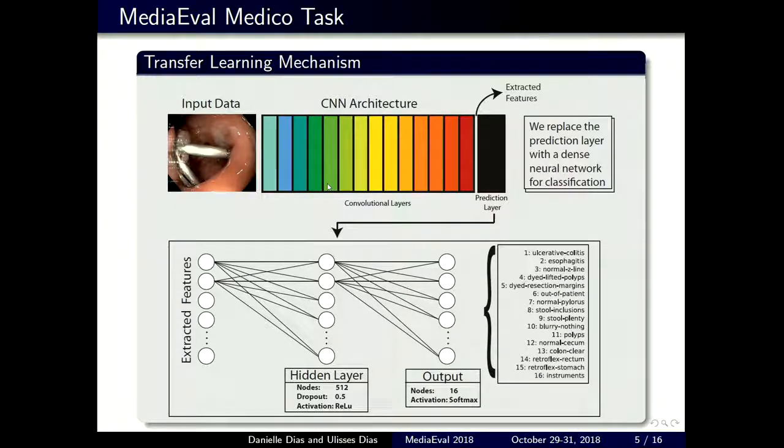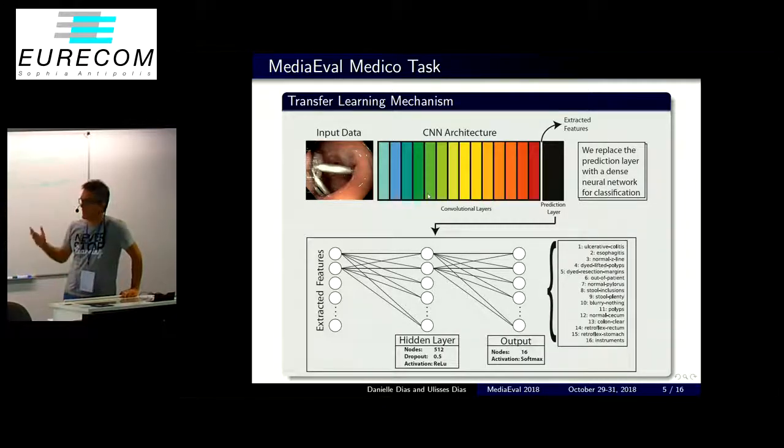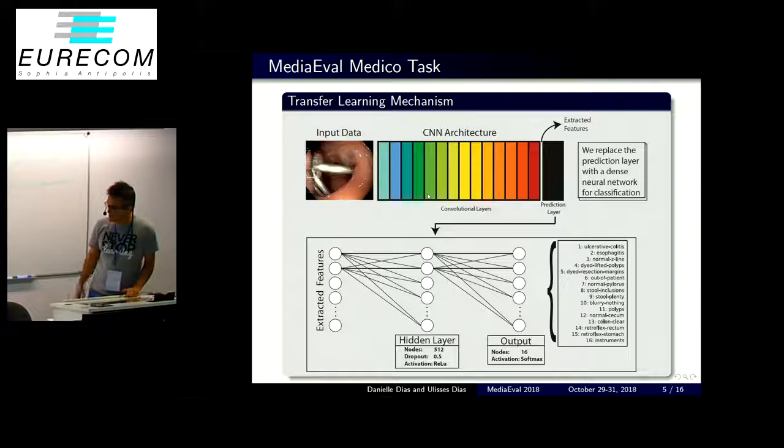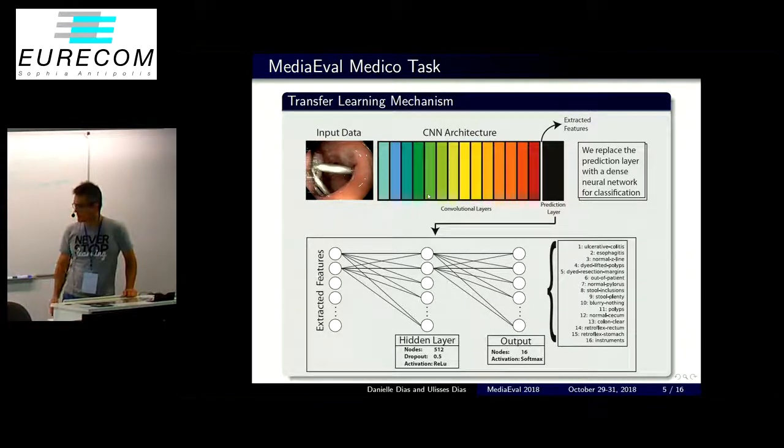They used transfer learning, where we have a convolutional neural network architecture pre-trained with ImageNet, and these convolutional neural networks extract features from each image. These features are used in a second model of fully connected dense layers with 512 neurons and an output layer of 16 neurons to output the classes.